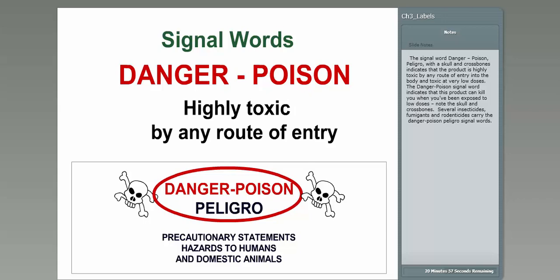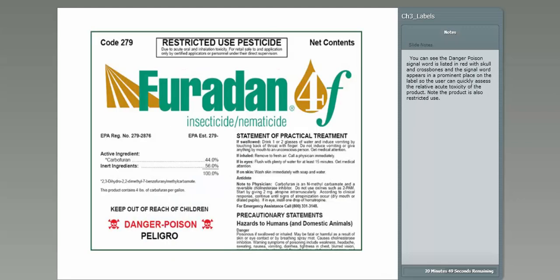Several insecticides, fumigants, and rodenticides carry the danger-poison peligro signal words. You can see the danger-poison signal word is listed in red with the skull and crossbones, and the signal word appears in a prominent place on the label so the user can quickly assess the relative acute toxicity of the product. Note the product is also restricted use.